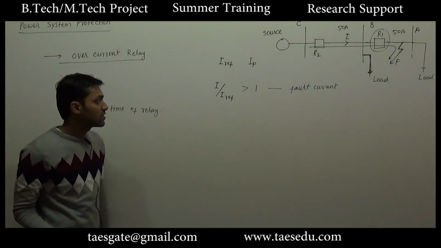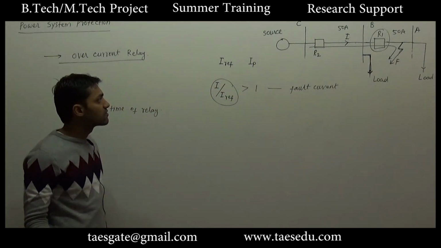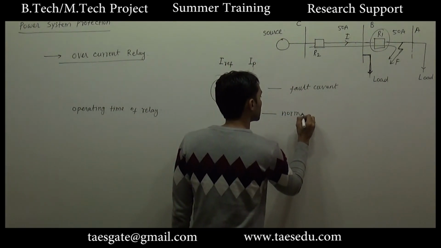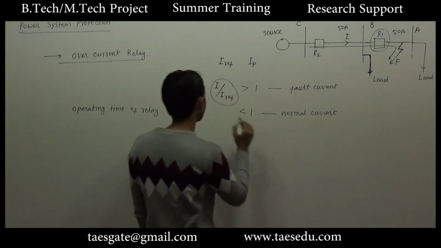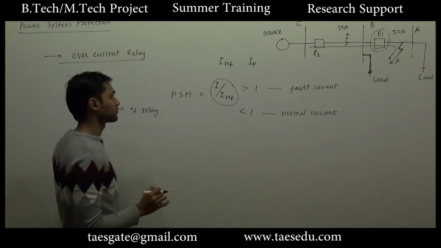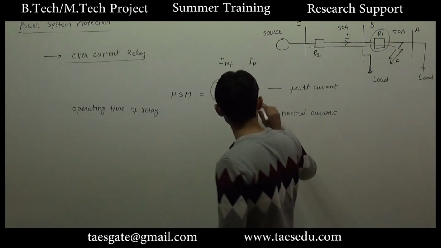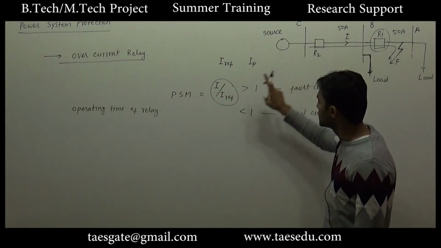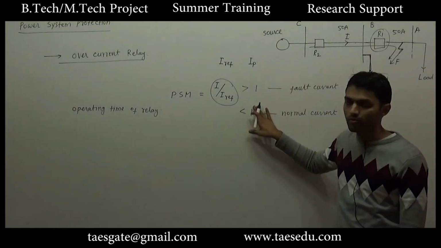If this is much greater than 1, or if this value is higher, we will say that fault is severe. If this value is less than 1, we will say that this is the case of normal current. Okay, and this ratio is called plug setting multiplier. Okay, if this ratio is high, it means the fault current in the line is high. So in this condition, what will we want? In this condition, we will want the relay to operate faster.